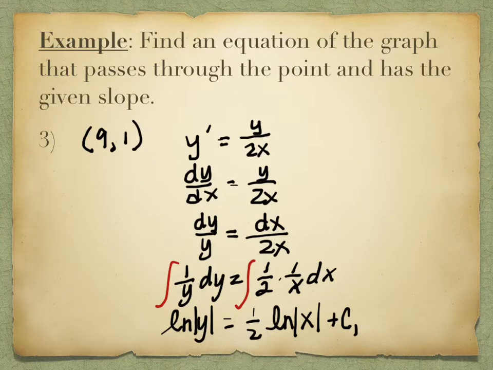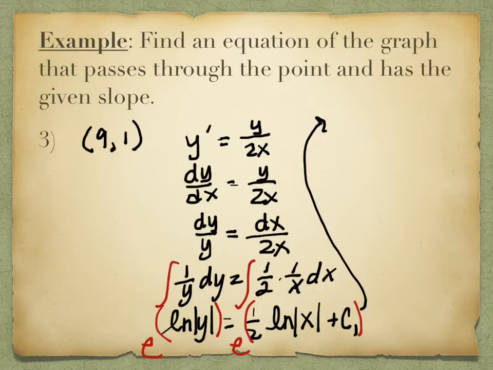Now, if you'll remember, what we need to do next from section 6.2 is find out what this is in terms of y. That is, we need to solve for y. And the way that we deal with that is we make each side an exponent of e. So I will end up getting y equals on the left, and then e to the 1/2.